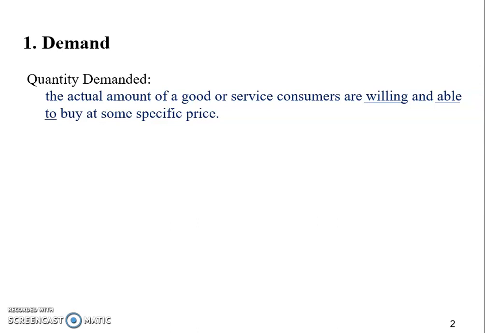For example, when the ticket price is $4, we find 10,000 tickets demanded on the market. In other words, 10,000 people are willing and able to buy when the price is $4.